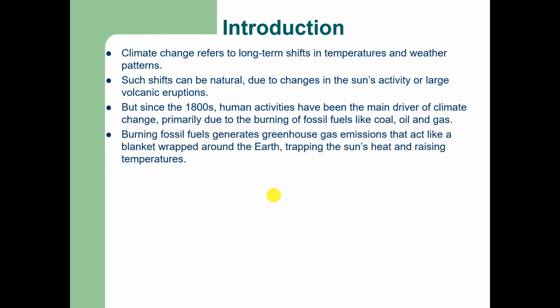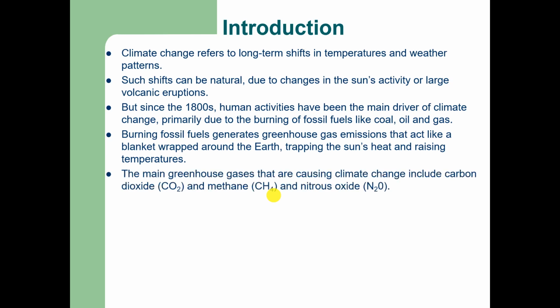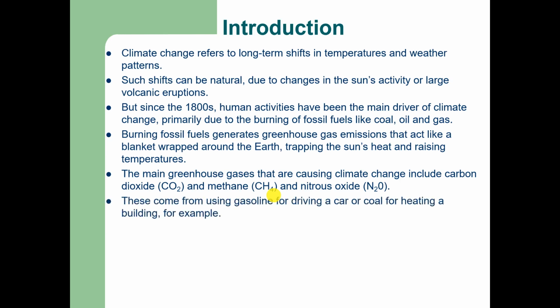Burning fossil fuels generates greenhouse gas emissions that act like a blanket wrapped around the earth, trapping the sun's heat and raising temperatures. The main greenhouse gases include carbon dioxide, methane, and nitrous oxide.